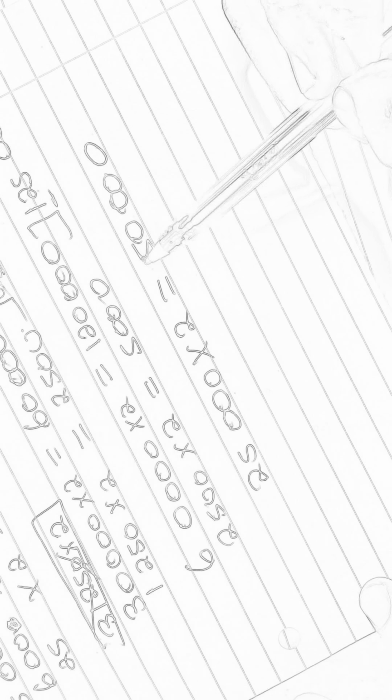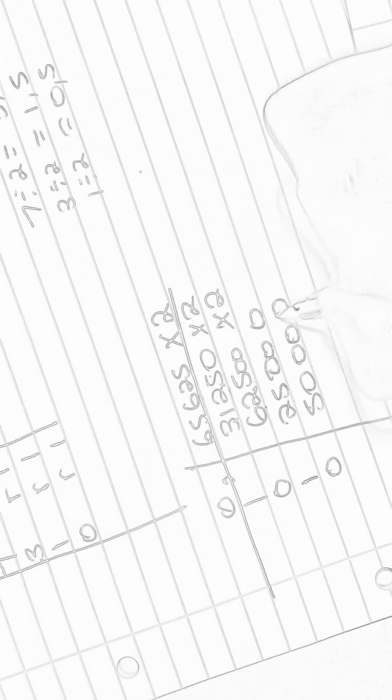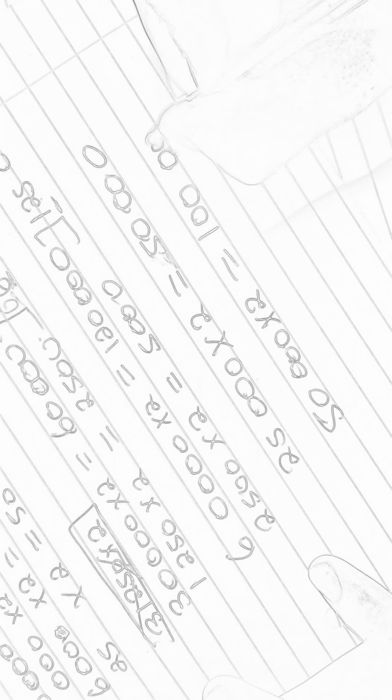So now we take that 25,000 multiplied by 2, which is going to be 50,000. So now we don't have a 1 here. We'll take it as a 0 because there's nothing here, so it's going to be 0. And then again 50,000 multiplied by 2, which is going to be 100,000.